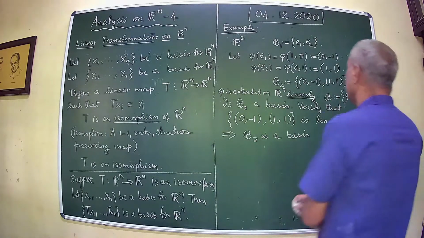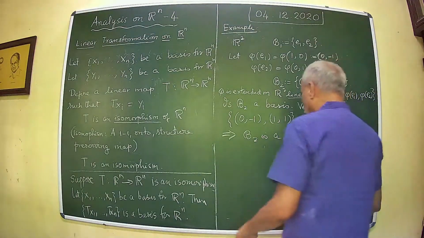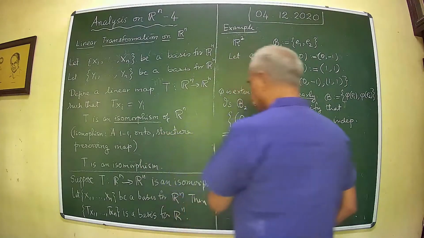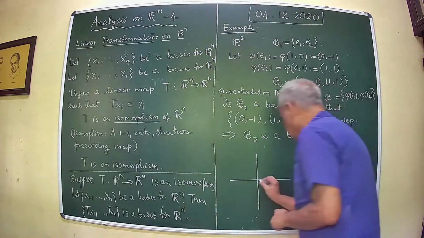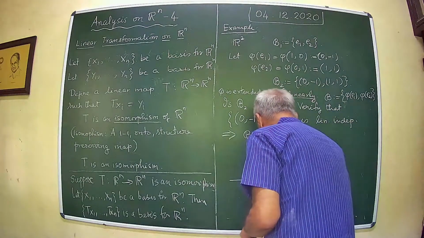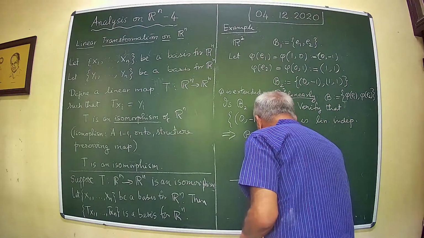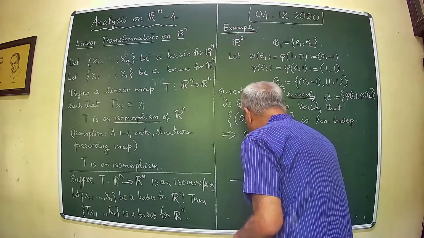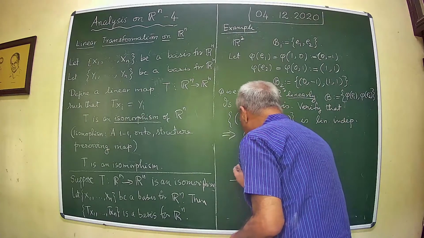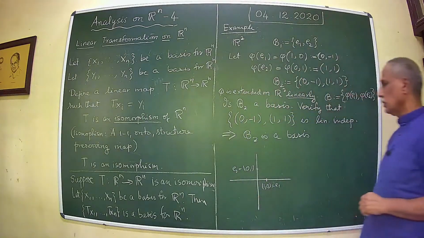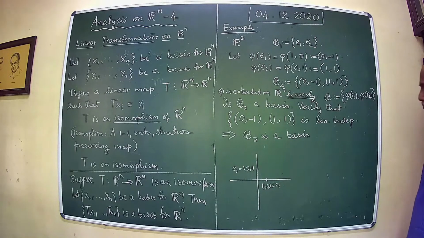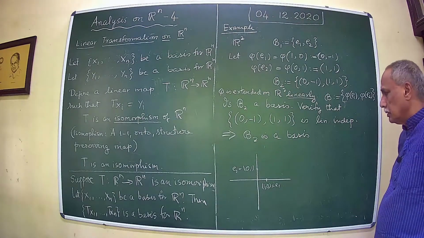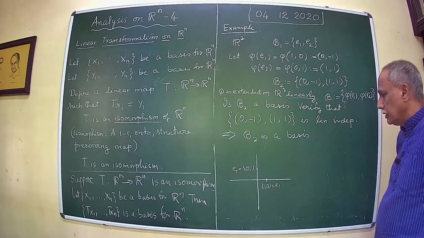Why do I call this a coordinate system? Now let me take a copy of R2. A copy of R2 is created out of R cross R with the two vectors (1, 0), this is E1, and (0, 1), this is equal to E2.